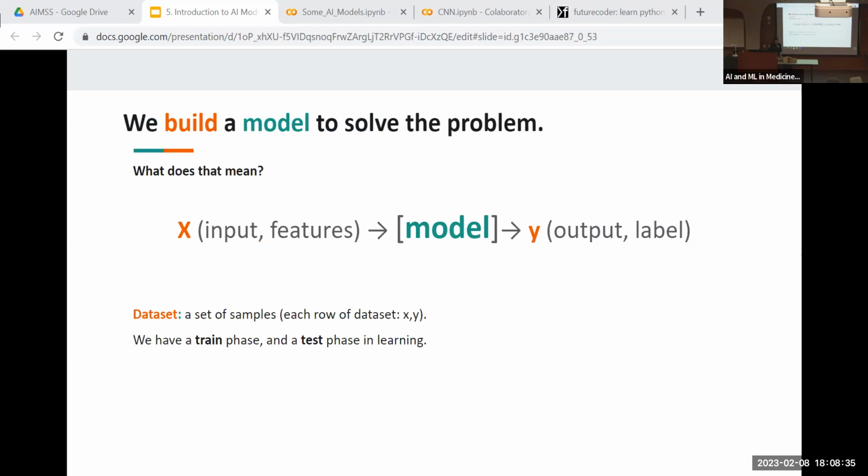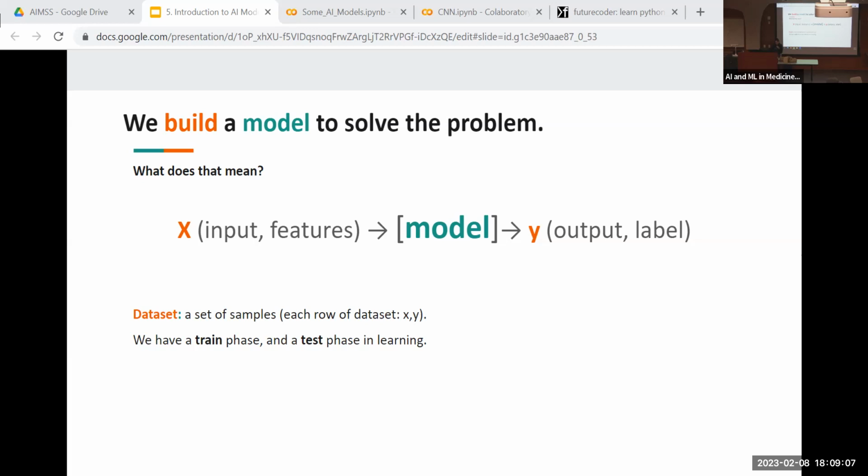So with this information, we say that we want to build a model to solve the problem. But what does that exactly mean? It means that we have a bunch of data. So we have a data set, and the data set contains some inputs, which is denoted by X, and some outputs, which is denoted by Y. And there are many samples of the data that we want in our data set.